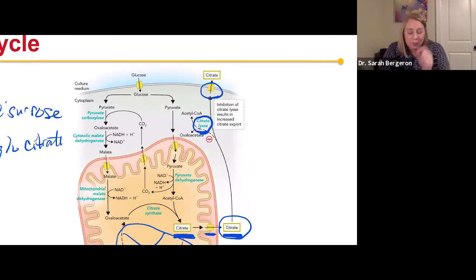And so you select for those particular strains, and then these mold are doing your job, right? You're going to produce all of this citrate, and then we can use this in commercial products. And so we can capitalize on the fact that we understand the cycle, we can inhibit parts of the cycle, and we can make this work for us. So it's kind of a cool application, right?